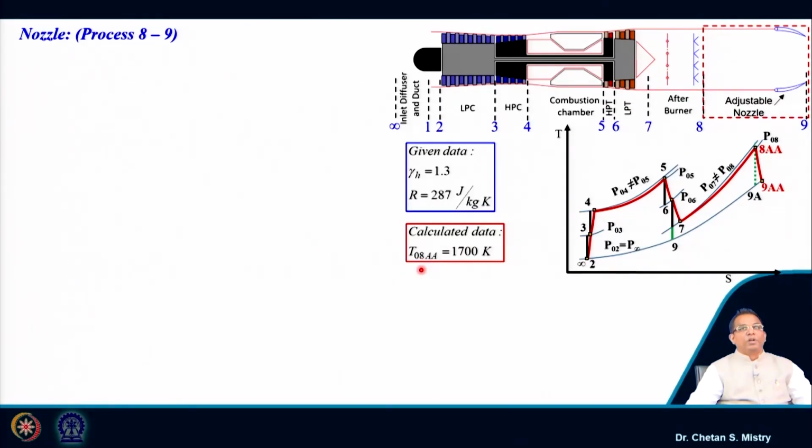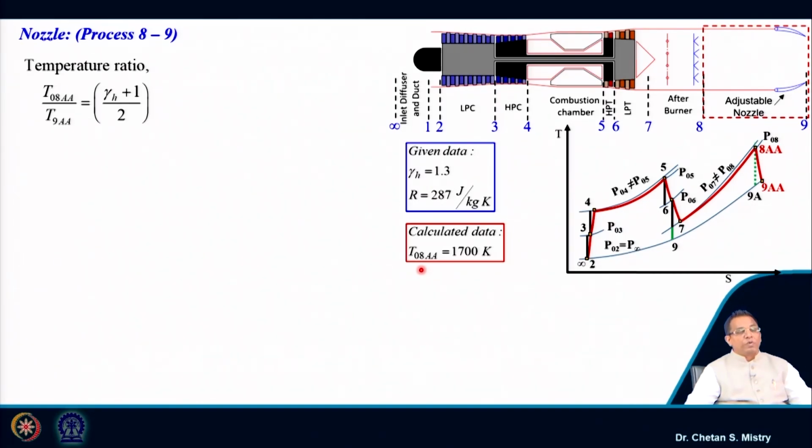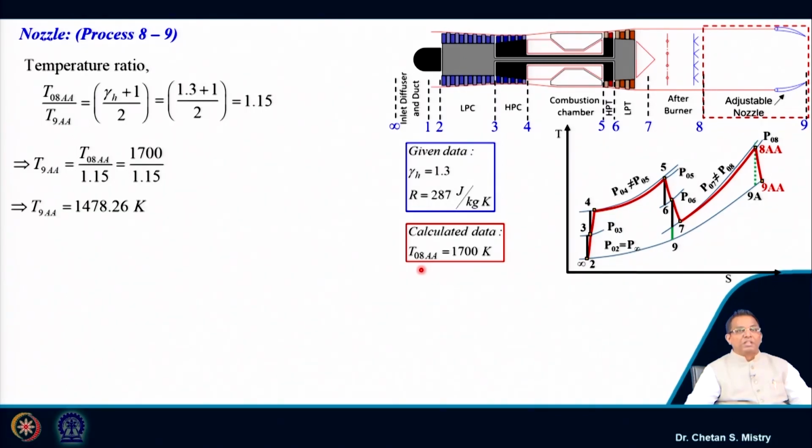Okay. So, for this nozzle, we will try to calculate the exit static temperature, because we are interested in calculating our exit velocity. Here this temperature ratio is given by (gamma plus 1) divided by 2, and if we are putting these numbers in, my exit static temperature is coming 1478.26.